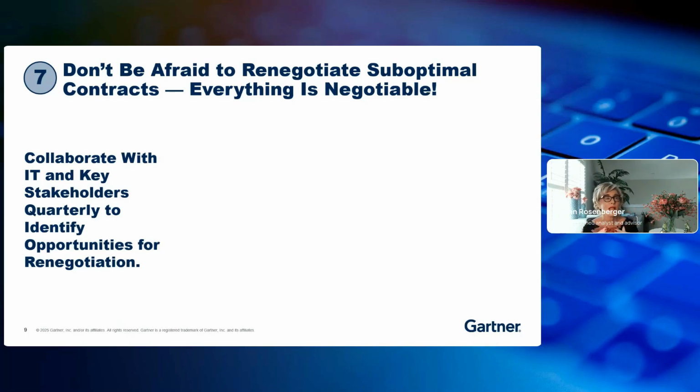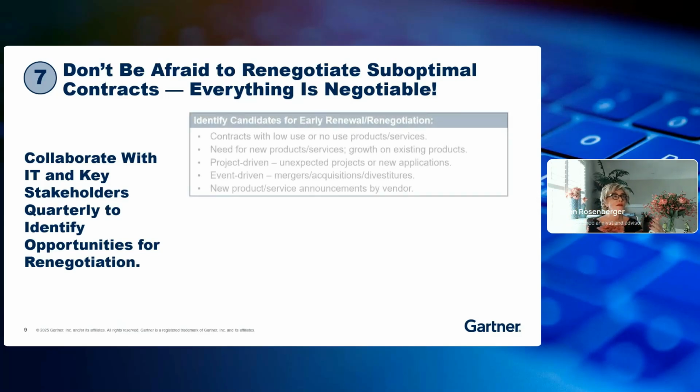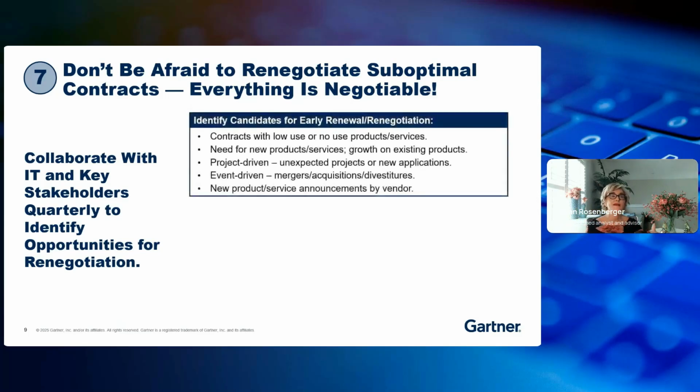What I suggest you do is see what you have a need for and see if you can align that with what the vendor is motivated to sell you. Now, here's what I've done for you. I've actually given you these checklists. And my recommendation, I know everybody's busy, but quarterly, if you can engage with your stakeholders and take a look at some of those contracts that are candidates for early renewal or renegotiation.